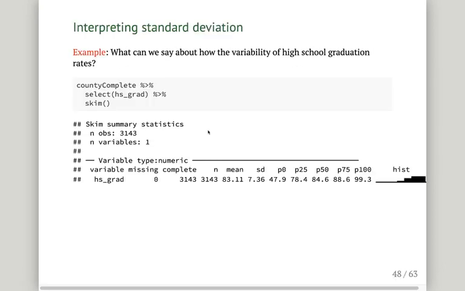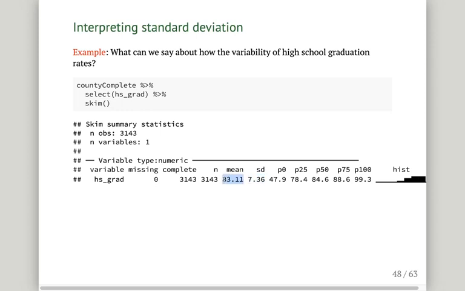So what can we say about the variability of high school graduation rates? Well, one really nice way to think about standard deviation is that it's the distance from a typical observation to the mean. So a typical county might be about 7 units away from the mean.